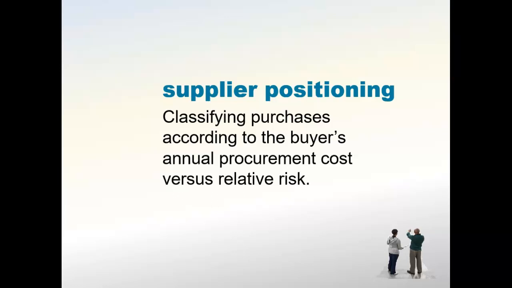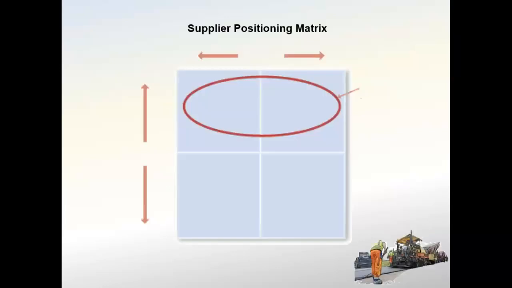Graphing the cost of purchasing relative to its total risk creates the supplier positioning matrix. And figure 9.4 on this slide and the next few slides illustrates the labels with each of the four classifications into which any purchasing category might fall.